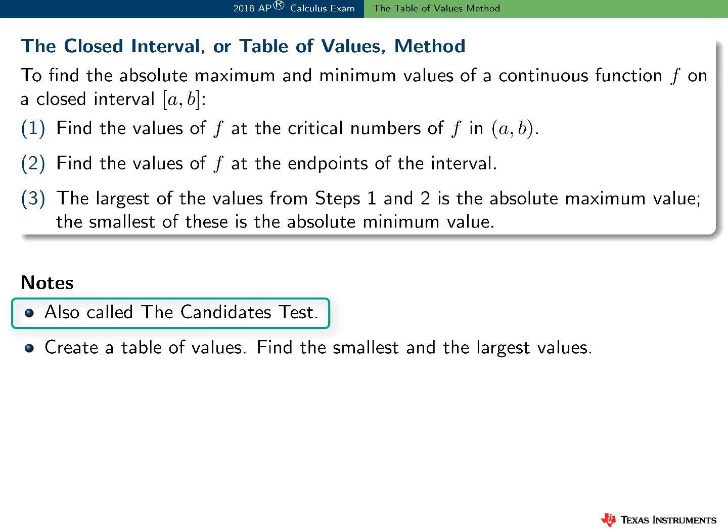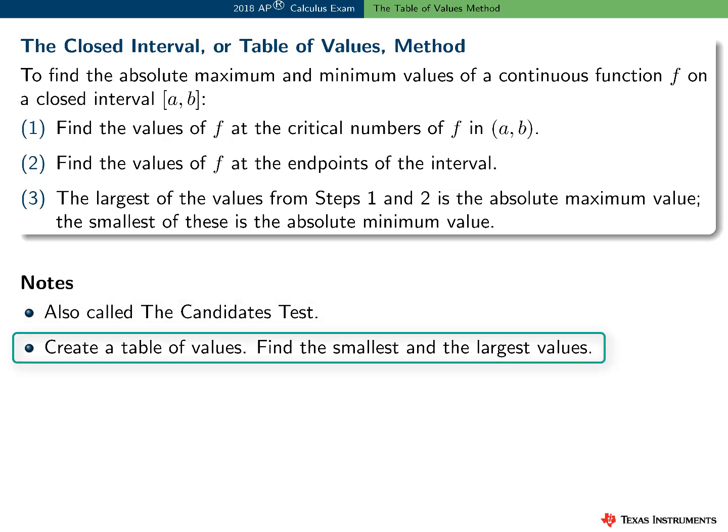This is also called the candidates test, and I think this is a very prescriptive and straightforward method for finding absolute extreme values. If the conditions are satisfied, just create a table of values and find the smallest and largest numbers in the table.